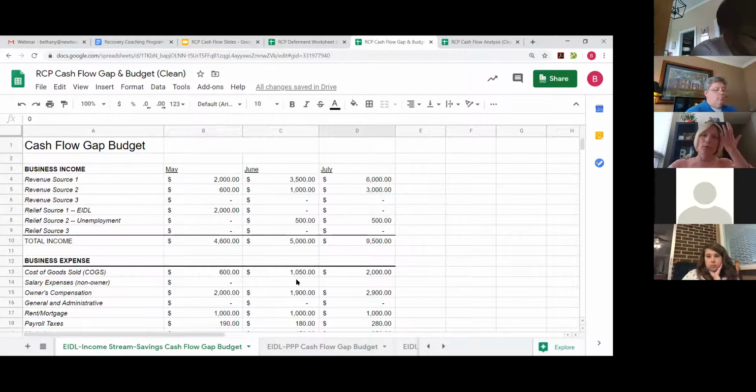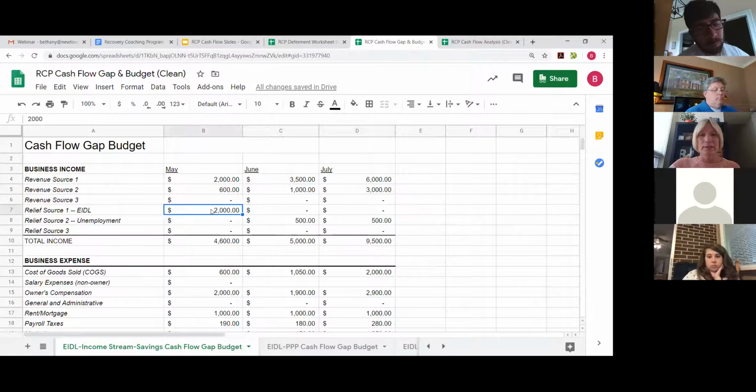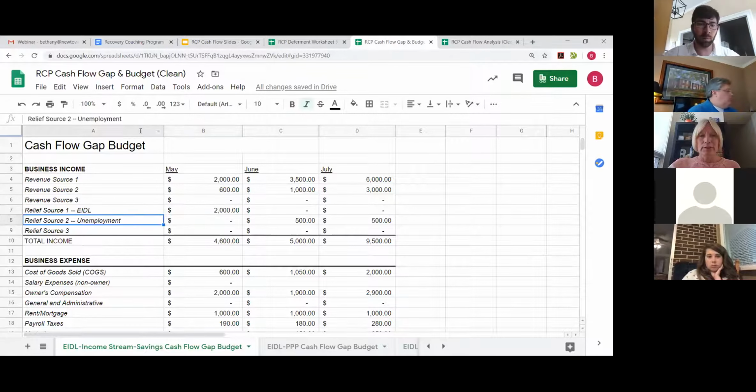And so here's one where a business is just gradually increasing their revenue sources, and they've added a second one. And they're using the economic injury disaster loan. Again, Bill, you asked earlier, this is a one-time income injection here. And then I put this as unemployment, but this is actually supposed to be a savings account that they're using over the next 2 months.